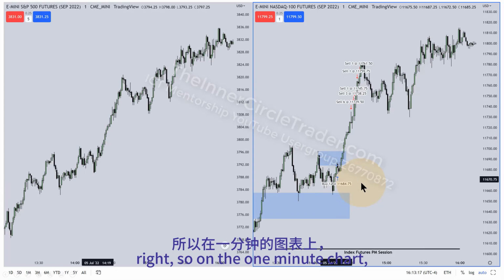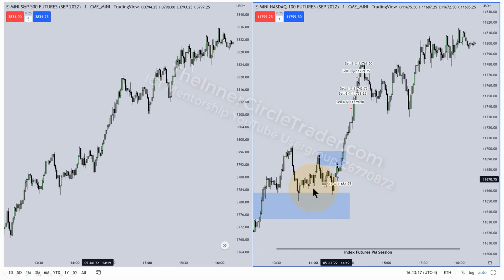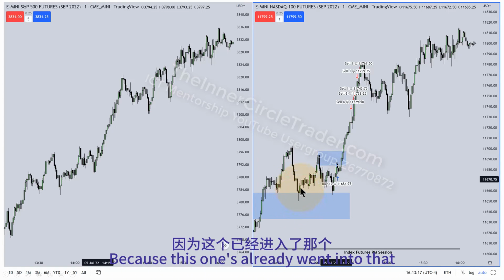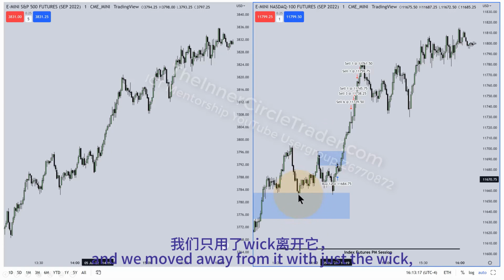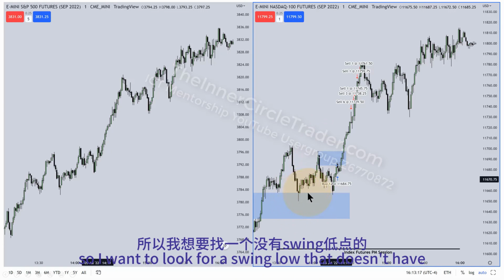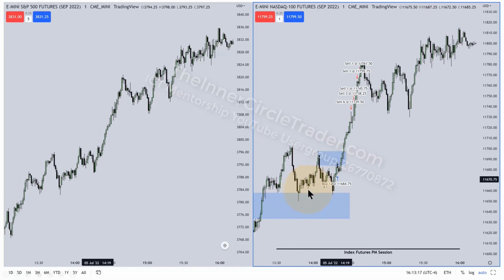All right, so on the 1-minute chart, you can see we have this low here. Why not this one? Because this one already went into that imbalance, and we moved away from it with just a wick. So I want to look for a swing low that doesn't have much of a wick on it. So we have swing low, swing high, lower swing low that digs into that level, which is the imbalance, and then it rallies up.